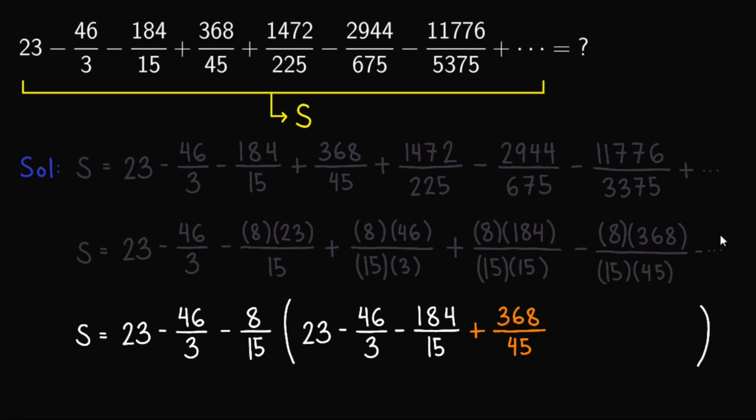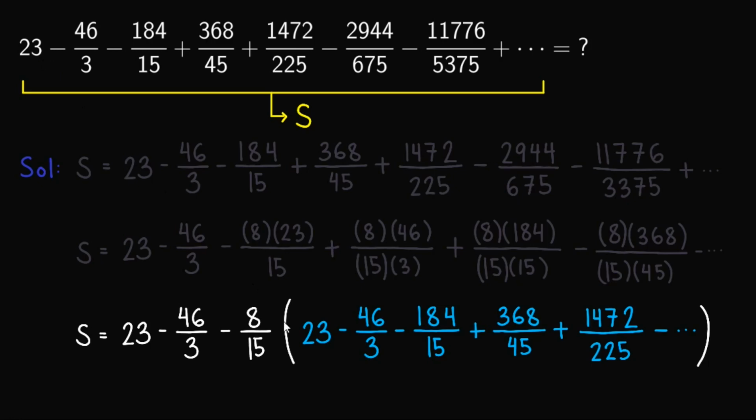If we continue this for terms that we were not able to put out here, we'll have plus 1472 over 225 and so on. And what can we observe here? Take note that this out here is the same as this one.